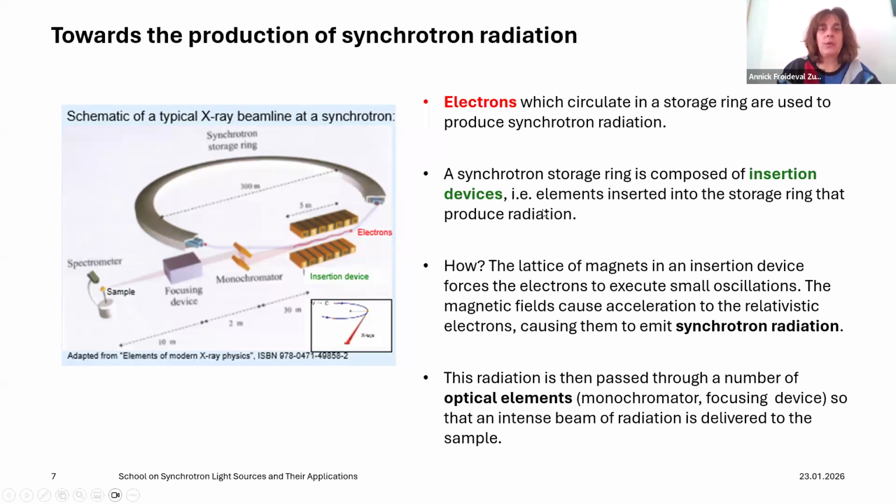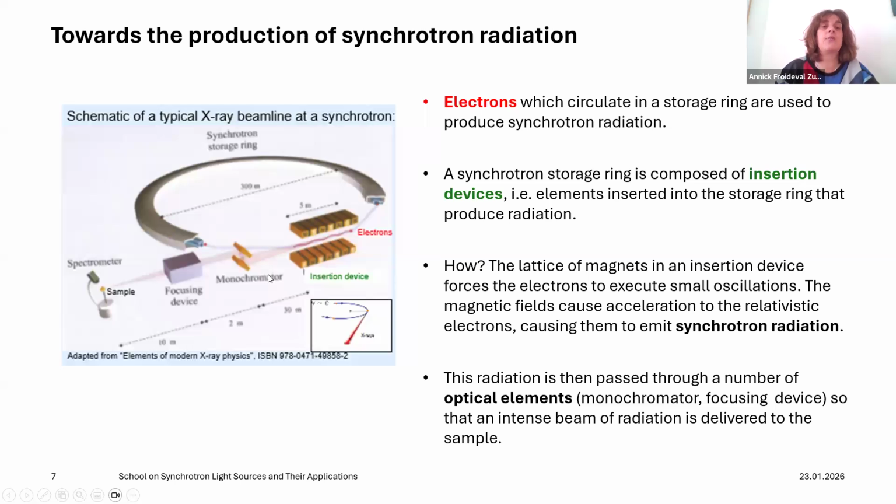How is this synchrotron light produced within the insertion device? The lattice of magnets in an insertion device forces the electrons to execute small oscillations, like you would do on a ski. Then the magnetic field causes acceleration of the relativistic electrons, causing them to emit the synchrotron radiation.